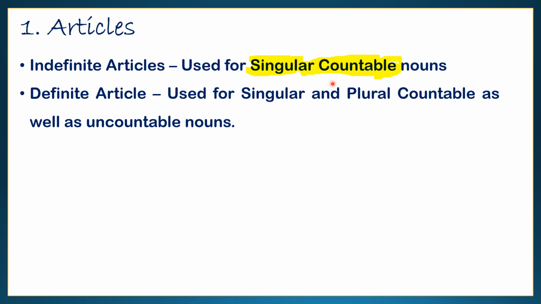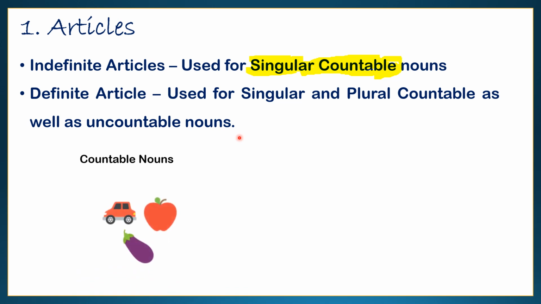The nouns which can be counted, like 1, 2, 3, 1 car, 2 apples, 3 bananas. So those which can be counted are called countable nouns. So a and an can be used only with singular countable nouns, whereas the definite article the can be used for singular, plural, countable as well as uncountable nouns.